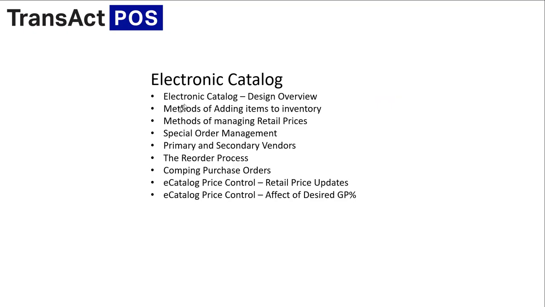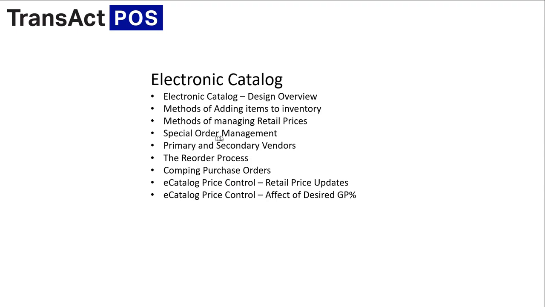So just a quick review. We went over the electronic catalog, the overall design, the use of the catalog to add items to the inventory, retail management of prices, a couple of methods to do that, predominantly this last section around the eCatalog price control.